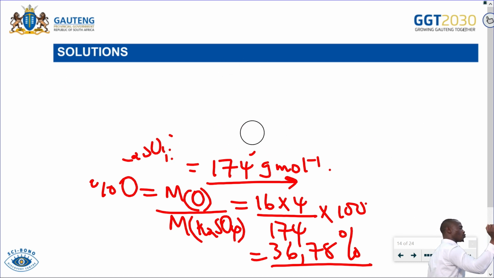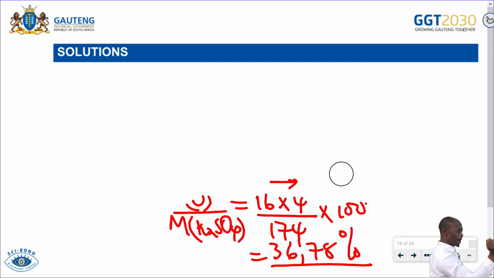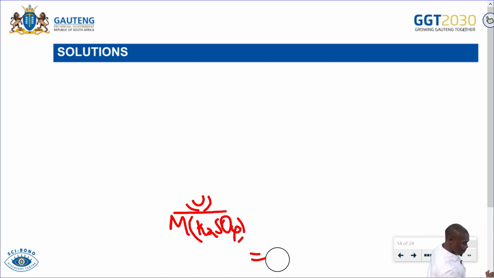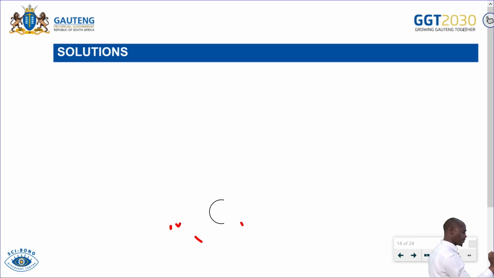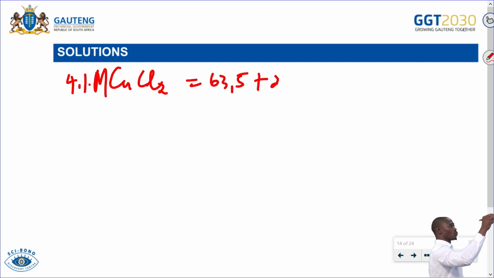4.1 is copper 2 chloride. Let's calculate the molar mass of it. So the molar mass of copper 2 chloride will be 63.5 plus 2 times 35.5.